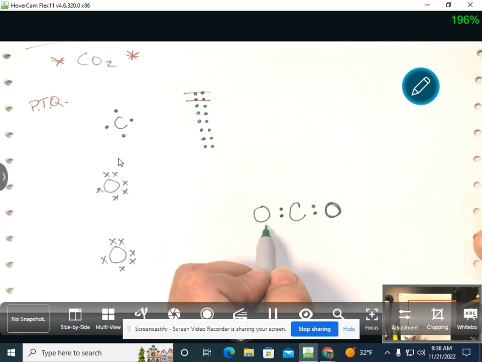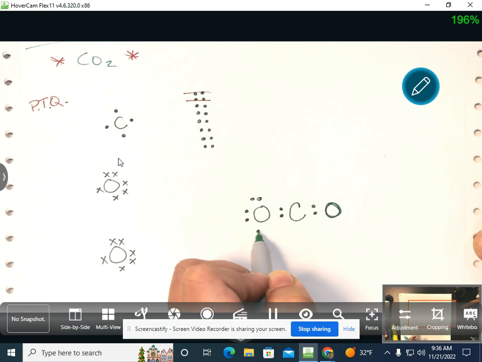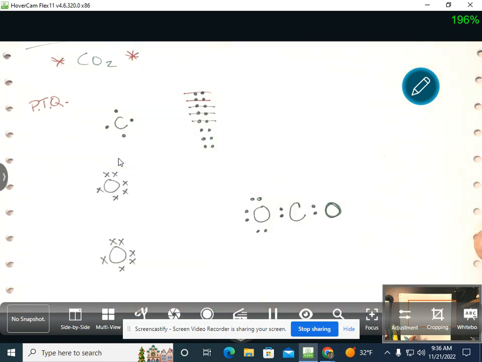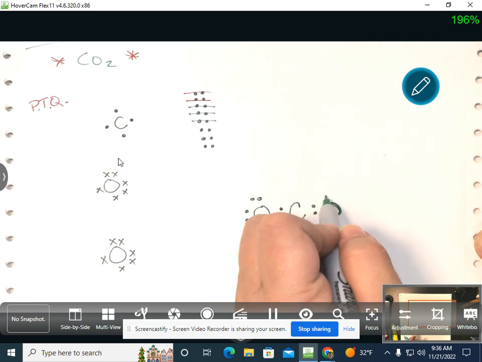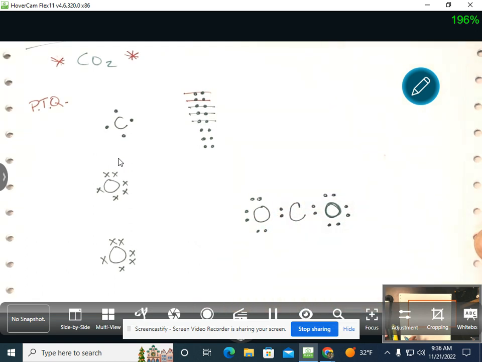So I'm going to complete this oxygen's octet. That used up 3 more pairs of electrons. You with me? Where did the other 3 pairs of electrons go? On the other oxygen. Okay, now we have no more electrons left.